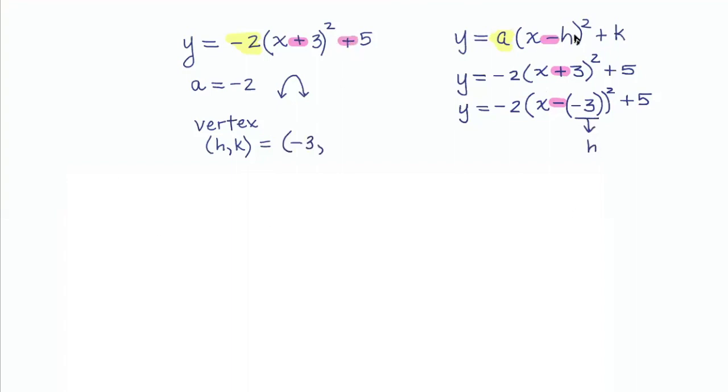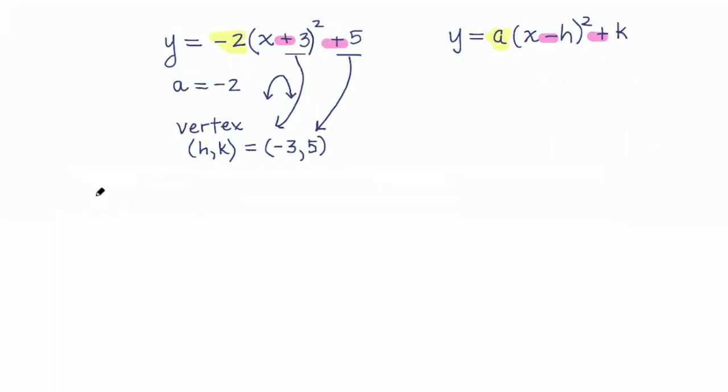I have a plus sign here. The formula has a plus sign, so those match. Therefore, my k value will just be positive 5. Next up would be to find the intercepts. The x-intercepts, remember, are all on the x-axis, and because of that, they're always going to have a y-coordinate of 0.